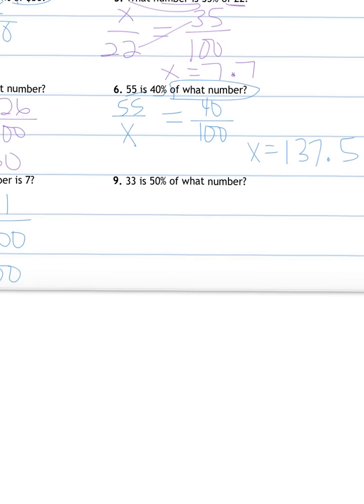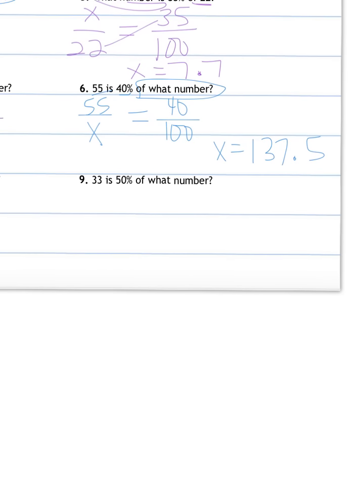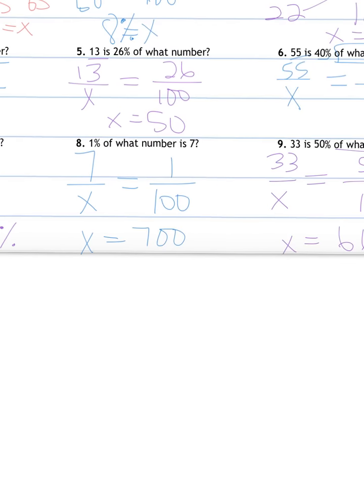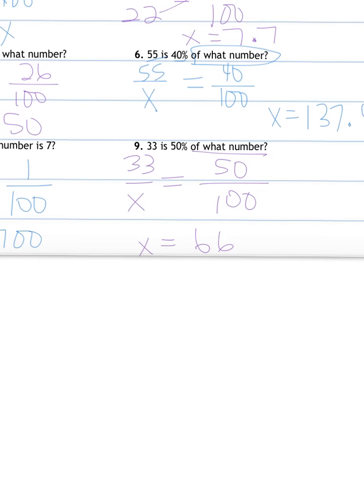Okay, and last one for this one. 33 is 50% of what number? So the is over of is what we're looking for. Percent over 100. 33 times 100 divided by 50. X equals 66. And I think I forgot my percent sign. Oh, nope, we're good. Okay. So x equals 66.